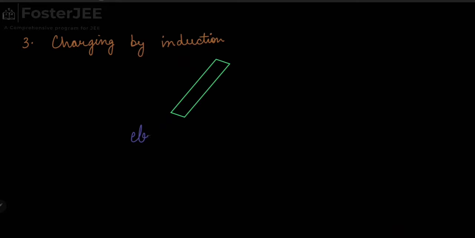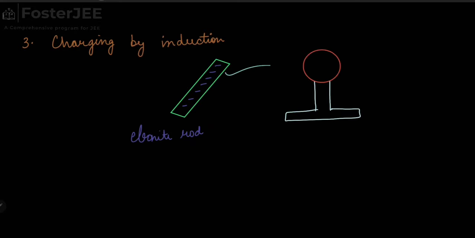Suppose we have an ebonite rod with some negative charge on it. Now suppose we take it closer to an isolated metal sphere. Initially net charge on this metal sphere was 0. But what happens when we take this rod closer to this?